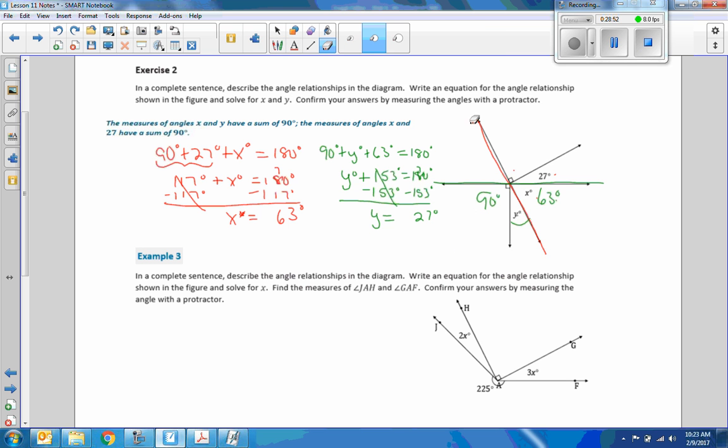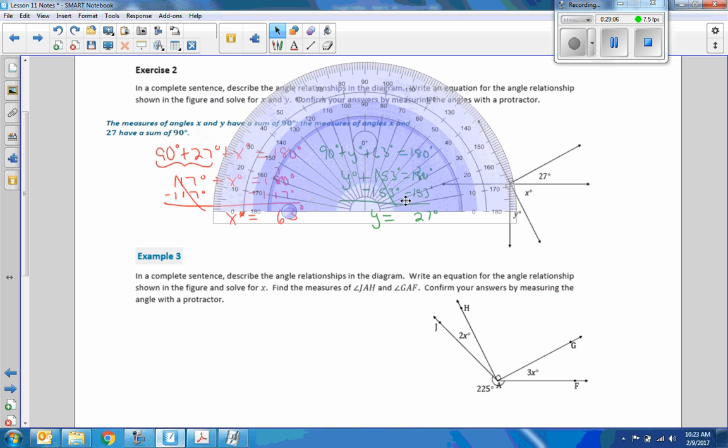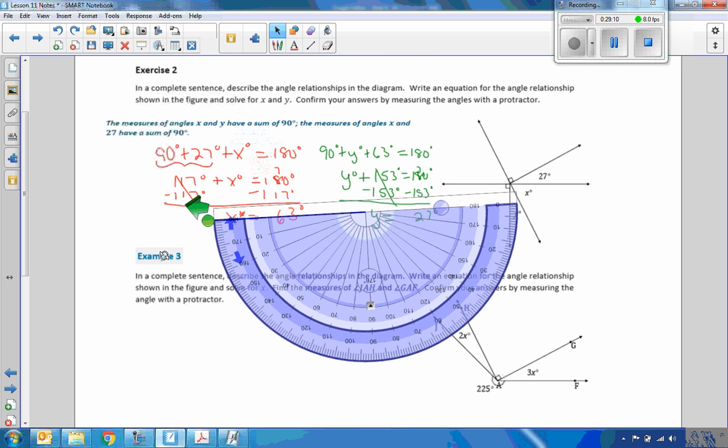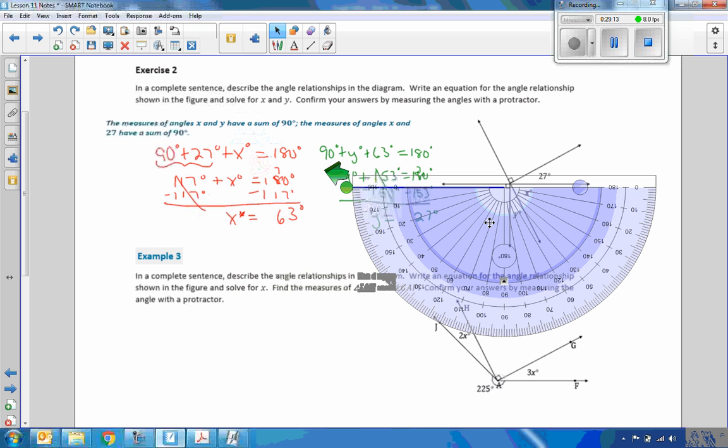Okay, next it says to confirm using a protractor, so I will do that one more time. Okay, so I'm going to bring in my protractor. I need to rotate it 180 degrees. And I need to set it right on this line.